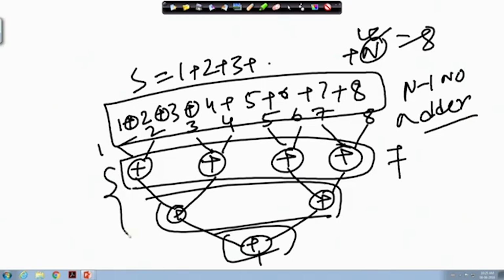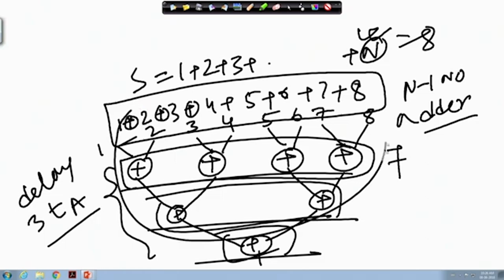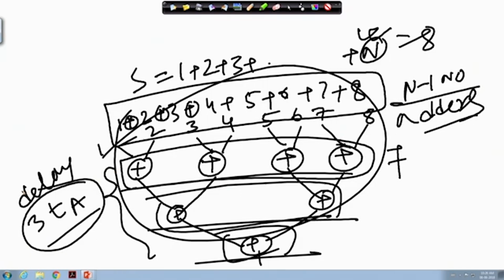The corresponding delay, as there are 3 levels of adders, becomes 3 times the adder delay. So, for this particular implementation, I need n minus 1 adders and a delay of 3 adder delays.